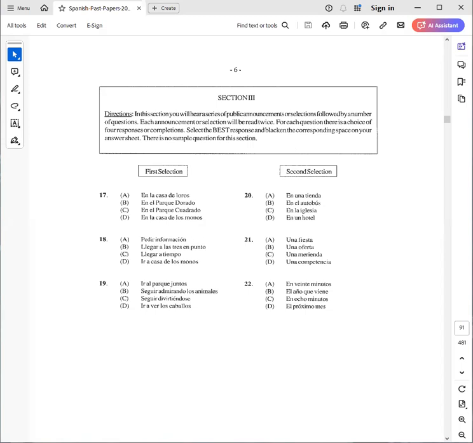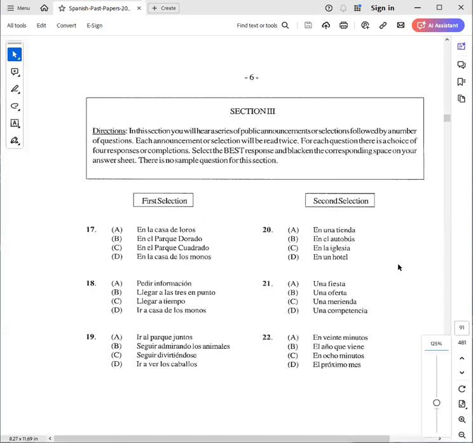In this case, you just write the letter. So what you have to do is listen to the selection. Again, the selections will be read twice and then the questions will follow. So you have to listen the first time, try to grasp as much information, and then the second time you just clarify or confirm what you have heard.